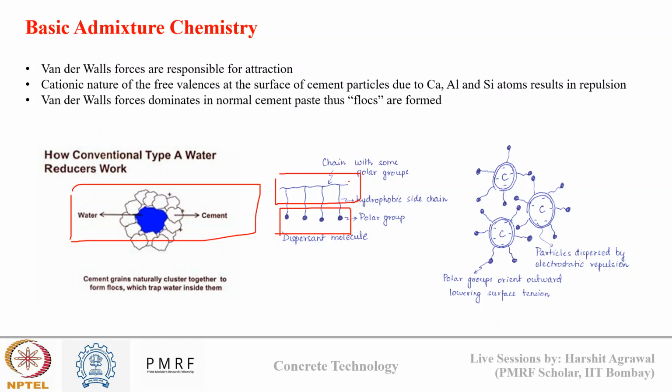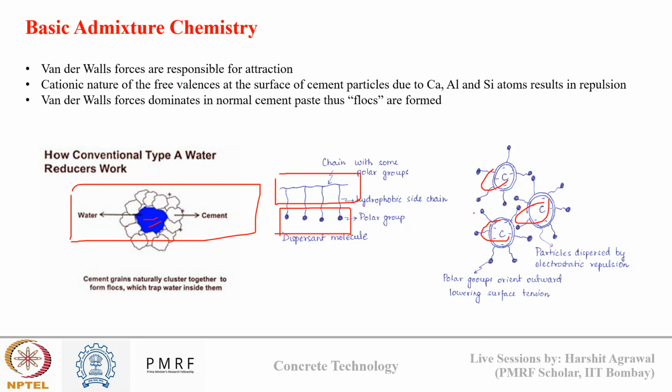So what happens, due to the charges present on this dispersion of polar groups, they start to repel each other, and when they repel each other my cement grains get separated, and the water that was stuck inside my cement grains is released, and thus I get a better workability in my concrete.